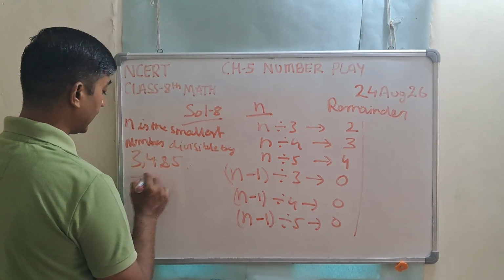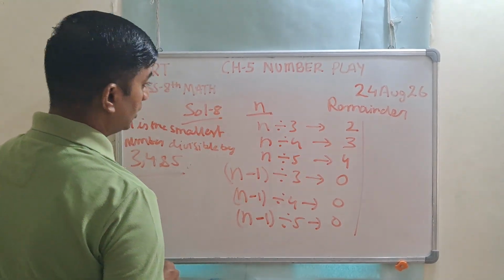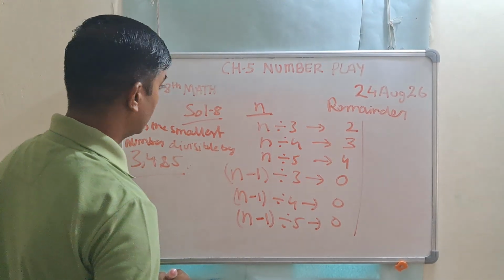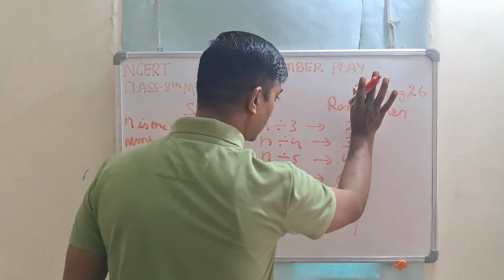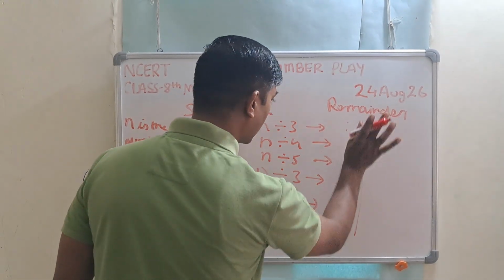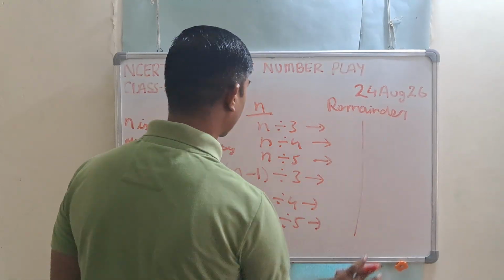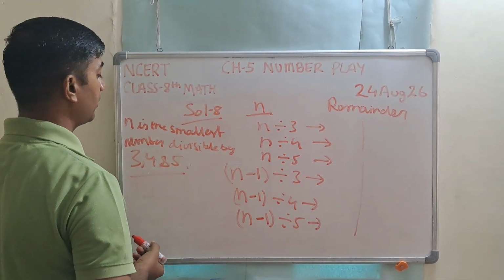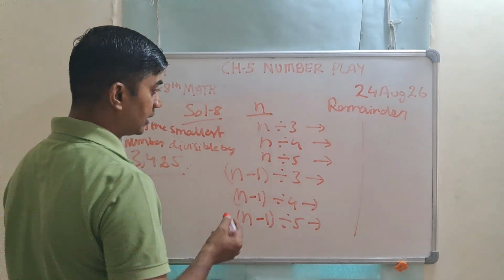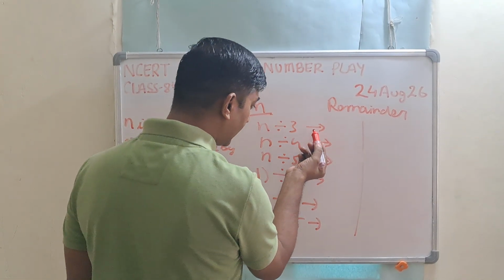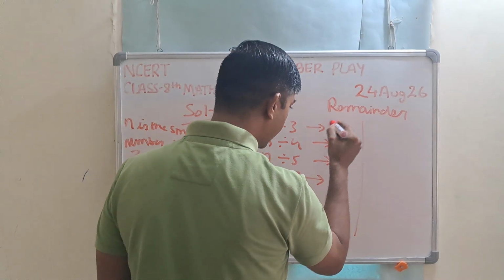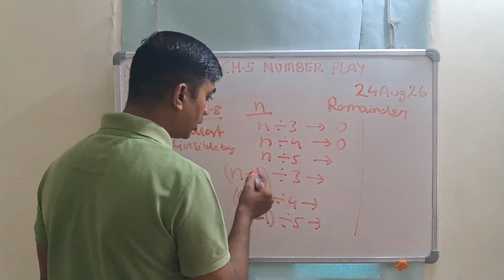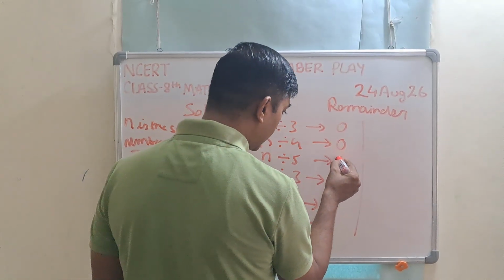Understood? n is the smallest number. So what will be our result? n is the smallest number which is divisible by 3, 4 and 5. So when we divide this number by 3, we get the remainder 0. When we divide by 4, we get the remainder 0. When we divide by 5, we get the remainder 0.